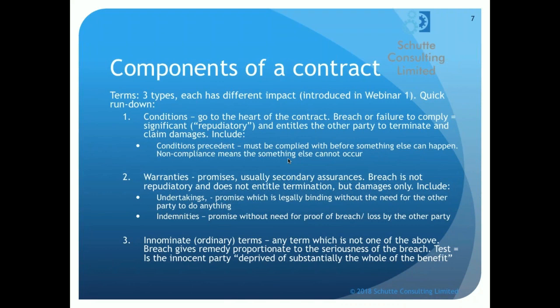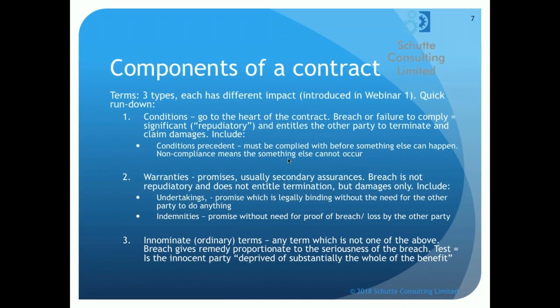An indemnity is a promise which doesn't need any proof of breach or proof of loss in order to trigger that right to damages. You have to watch out for indemnities because they have quite a far-reaching effect, and the other party doesn't need to prove its loss to you if there's an allegation of breach of indemnity.